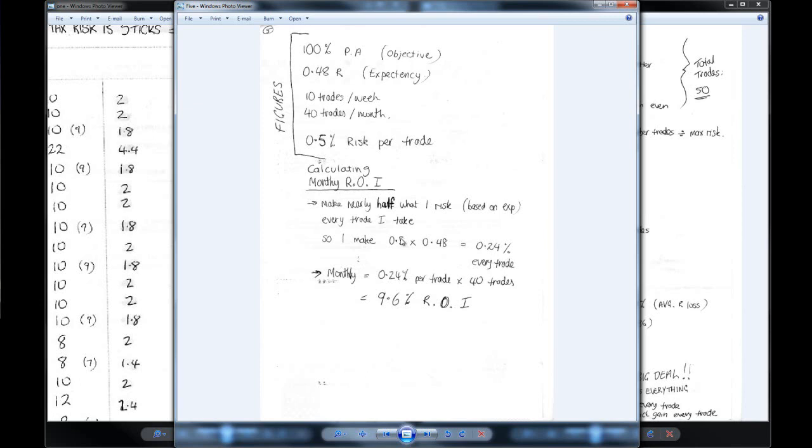So if my risk is 0.5% per trade, I'm knowing that every trade I take, I'm making half of what I risk. Hopefully you're keeping up with me. Obviously that's about 1/4%. Are you with me there? 1/4% is what I make every trade.